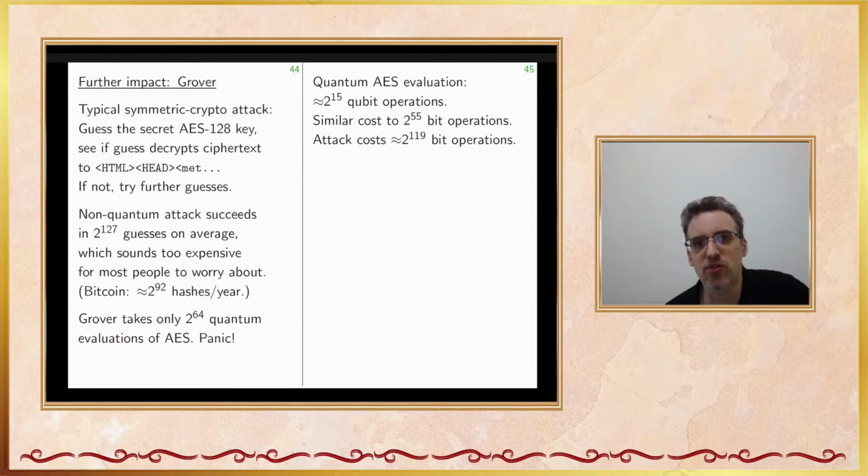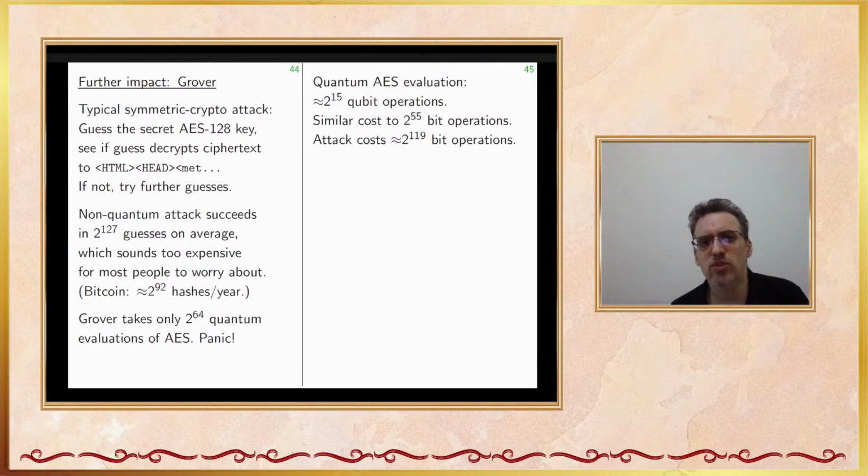Multiplied by 2 to the 64, that means the attack is about 2 to the 119 bit operations. Another way to think about that is that's about 1,000 times current Bitcoin bit operations per year. You can imagine a larger scale attack than Bitcoin, but this is still a pretty big number of bit operations.